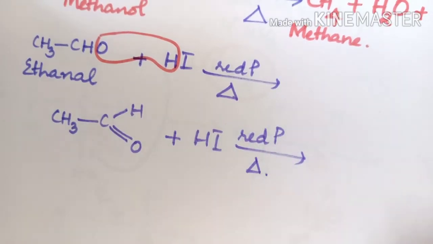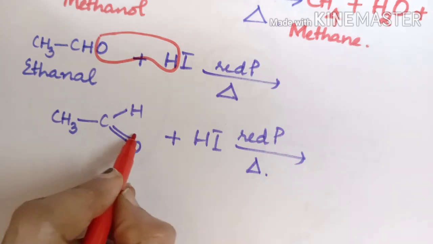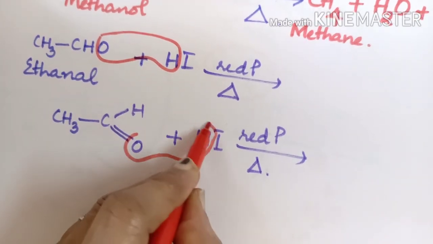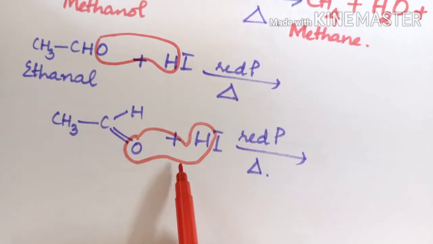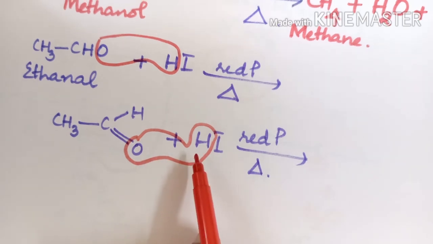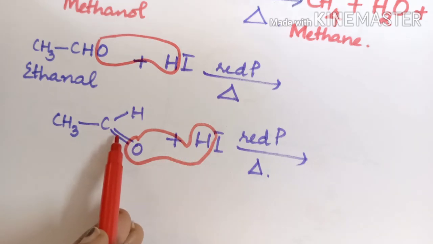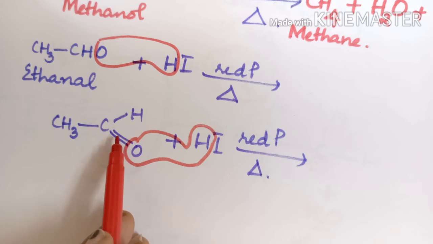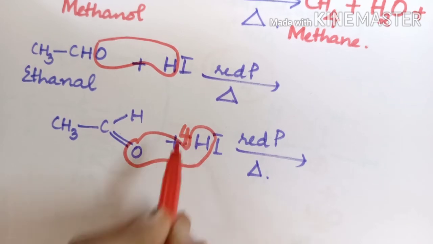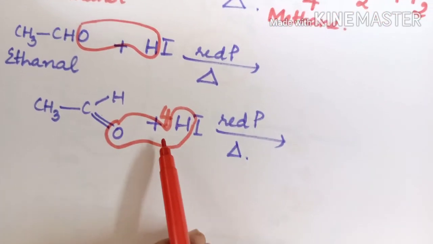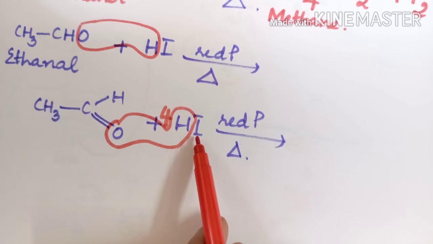That we'll see. Here oxygen is abstracted by hydrogen and it will be removed as water, for which you require 2 atoms of hydrogen. It's not enough, as we have to fill in the bonds here. So 2 hydrogens here plus 2 hydrogens are required. Total 4 hydrogens are required, and so we use 4 molecules of HI.